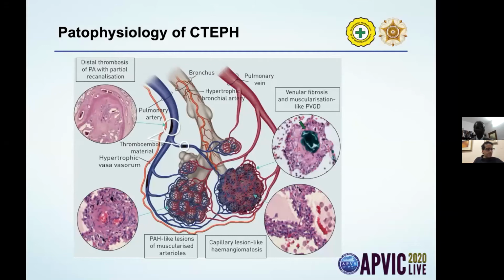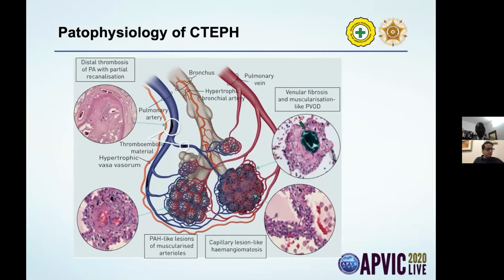The development of the capillaries will look like pulmonary arterial hypertension by histology examination. In other parts, the bronchial artery will be hypertrophied, and the pulmonary vein will also have remodeling, mimicking the venular fibrosis in pulmonary veno-occlusive disease, or PVOD.